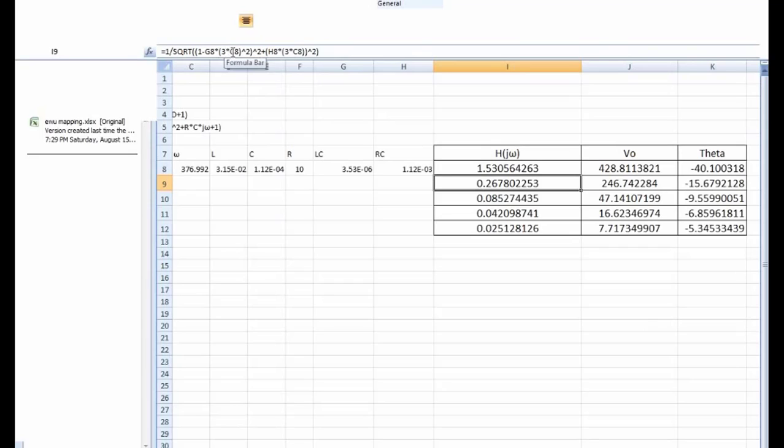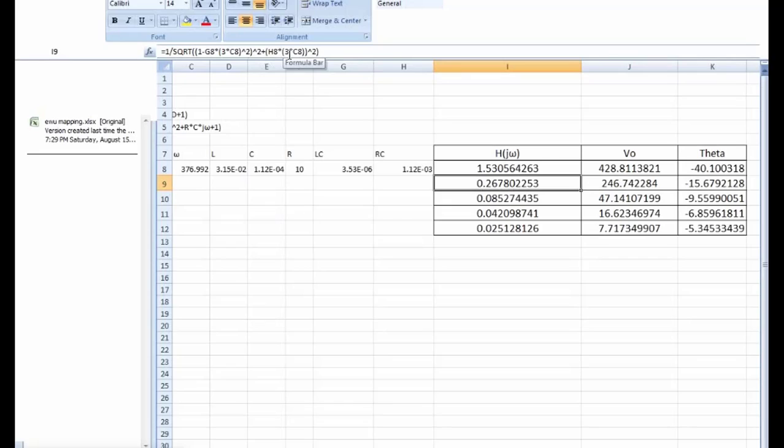That's why 3 into C8 whole square, overall square again, and in the second term the RC j omega, omega becomes 3 into C8 whole square. So we got the transfer function for the third harmonics.